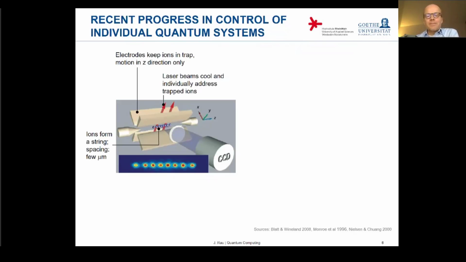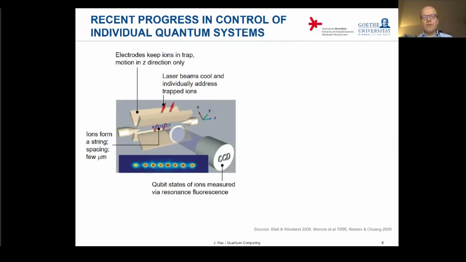Now, then you have laser beams that, on the one hand, cool these ions. So you want to minimize the thermal motion of these ions. And then you can use laser pulses to individually address and manipulate these trapped ions.